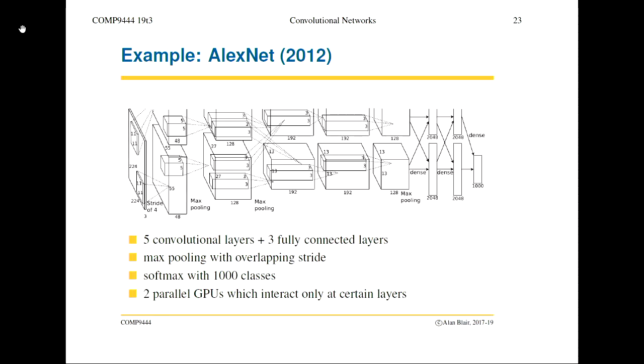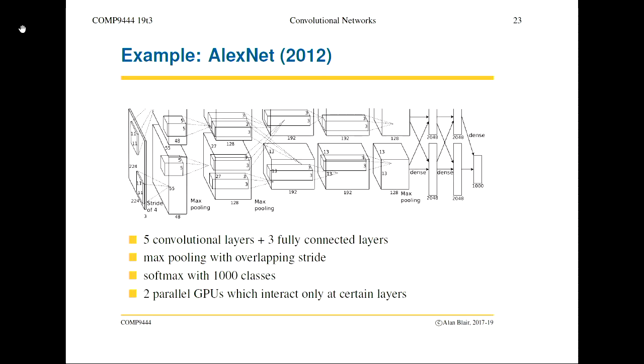This was the net that performed remarkably well on the ImageNet database. It's the same kind of architecture, but on a bigger scale. And they were trying to squeeze out the maximum benefit from the GPUs that they had, which were not as big as they are now.